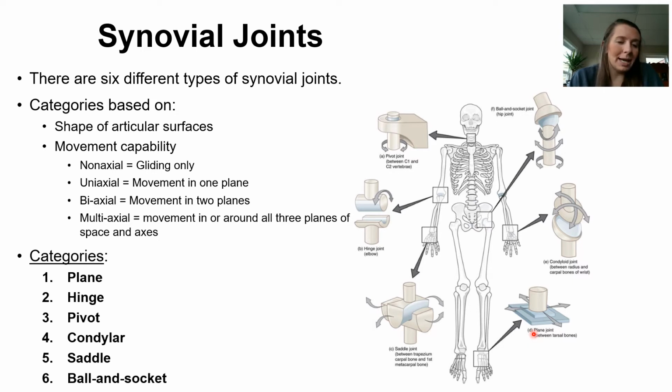The two subtypes of uniaxial synovial joints are the hinge joints, like at our elbow. We know our elbow really only does one kind of planed movement. So it only flexes and extends. This is what it's referring to by movement in one plane. It's like across one axis.